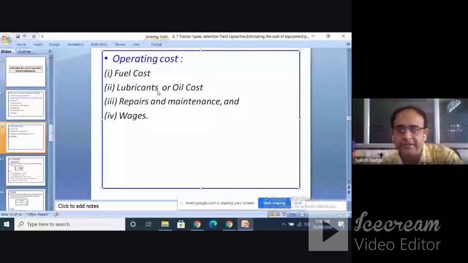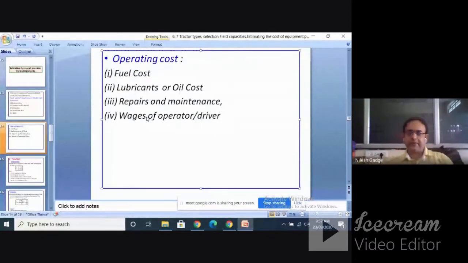Then repair and maintenance, and the last one is wages. Wages of operator, or you can say tractor driver. This will come under the operating cost.